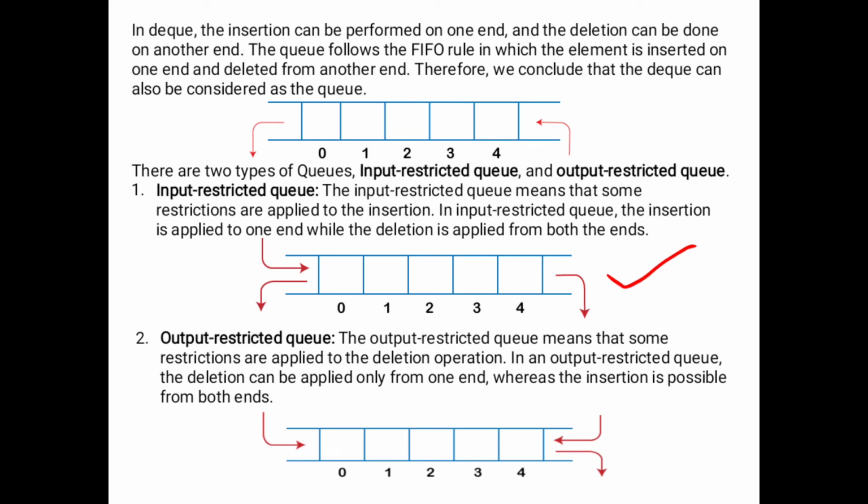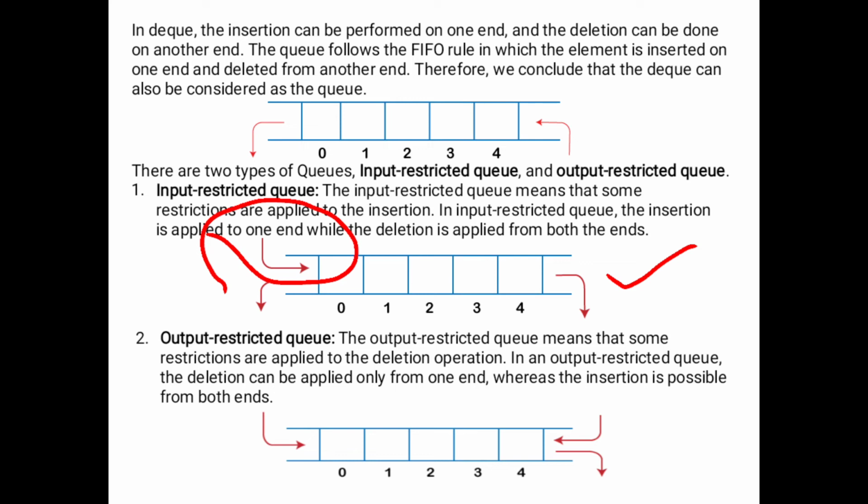In a double-ended queue, input restricted queue means input, that is insertion, inserting data into the queue. So what type of restrictions are applicable here? Only one end can be used to insert data into the queue, but both ends are used to remove data, that means deletion.